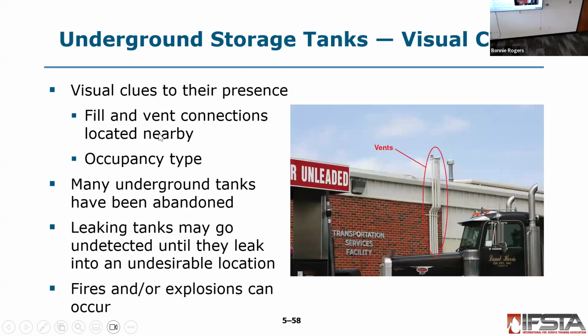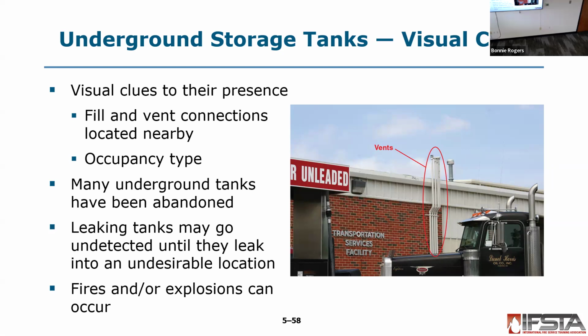So some clues here. You've got some vents. You might see them in residential areas, but a hazard is some of them have been abandoned. And they might be leaking. And we don't know it until they end up leaking into a place we don't want them.